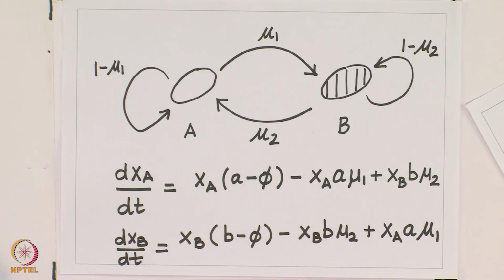Now, the first thing that we have to do is find an appropriate expression for the quantity phi. But we had initiated this discussion with the assumption that we are not going to bring selection into the equation at this point in the lecture, because we want to understand mutations better. Hence, we are going to put A equal to B equal to 1, and that simplifies our equations a little bit. Let's rewrite them.